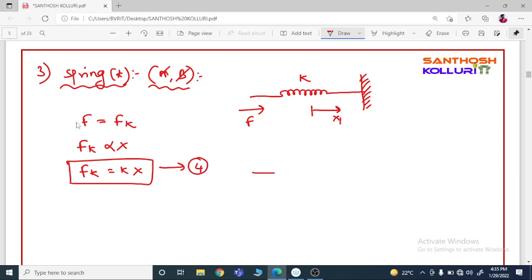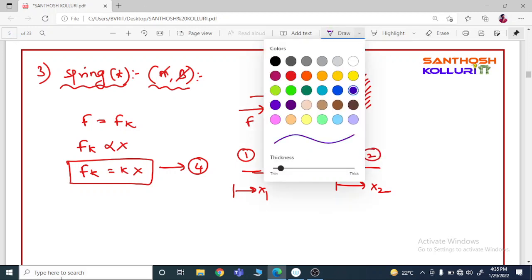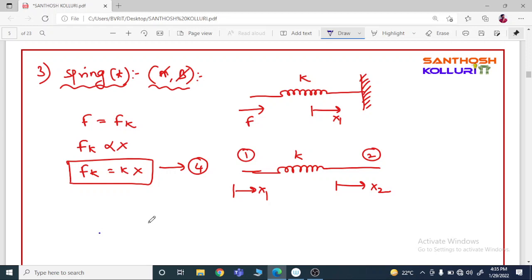Similarly, as in the case of the dashpot, we also experience displacement on either side of the spring. Let us take this as x1 and this as x2, with node 1 and node 2. Writing the equation with respect to node 1, it is K into (x1 minus x2).